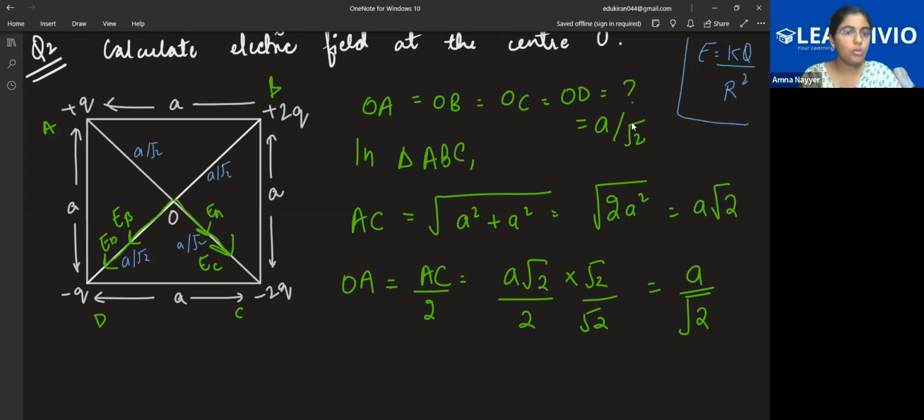So according to superposition principle, you first find the individual electric fields. Then for the net electric field, we'll use the superposition principle, that is, add the vectors. But right now, what is the first step? To find out the individual ones. So let us write down what is EA, EB, EC, ED.